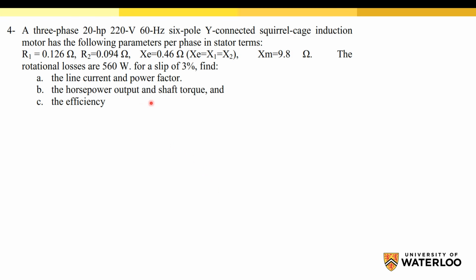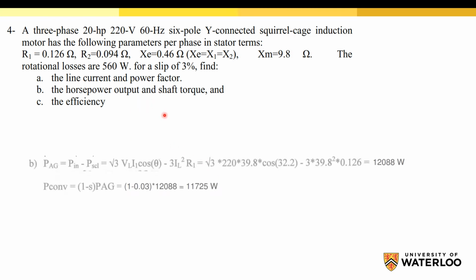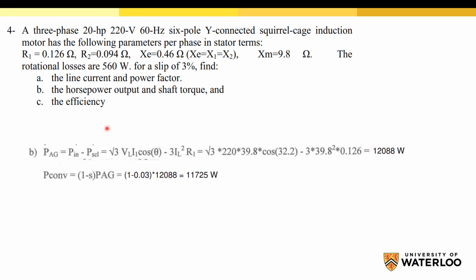For the second part, we want to calculate the horsepower output and shaft torque. So we can calculate the air gap power. The air gap power is the input power minus the stator copper loss. So the input power is equal to V line, which is given, times I1, which is calculated in the first part, times the power factor, which is already calculated in the first part, times root 3.